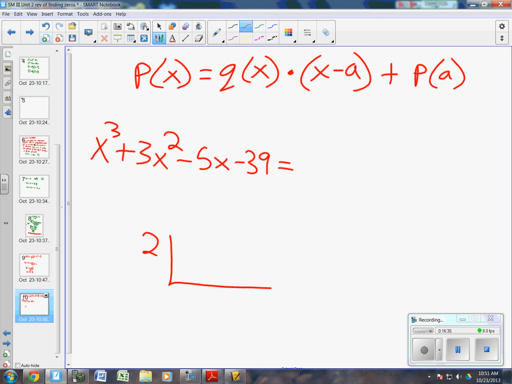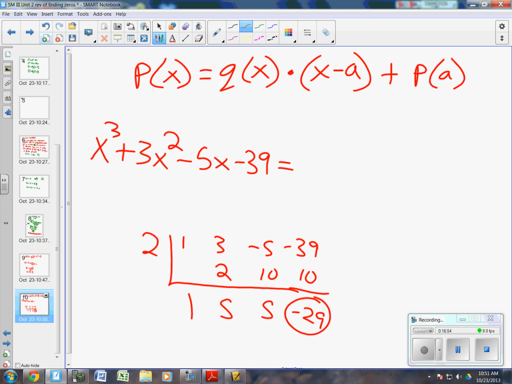We had 1, 3, negative 5, and negative 39. Bring down the 1. 2 times 1 is 2. Add, you get 5. 2 times 5 is 10. Add, you get 5. 2 times 5 is 10 again, and you get negative 29. That's what we got as our remainder, right?